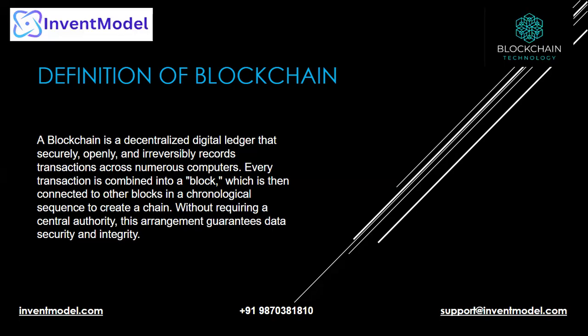Next is the block. Blockchain consists of a series of blocks. Each block contains a list of transactions, and each block has a unique identifier called a cryptographic hash.